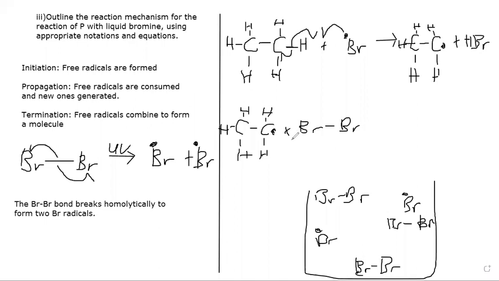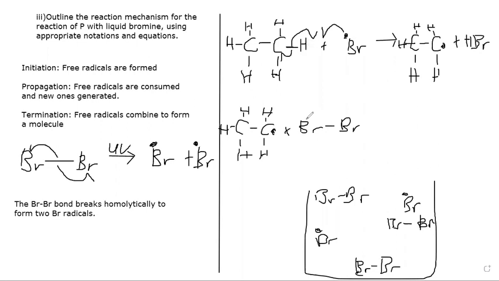As we said, in step two of propagation, the alkyl radical is going to attack this bromine molecule. When we use the word attack, it is simply looking to form a bond. So this radical is going to form a bond with this bromine atom, just like this bromine atom was forming a bond with this hydrogen.